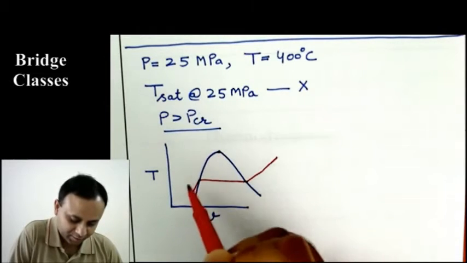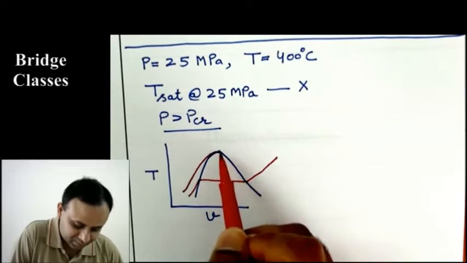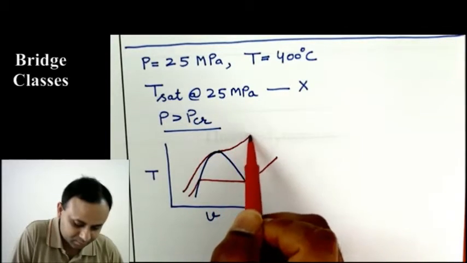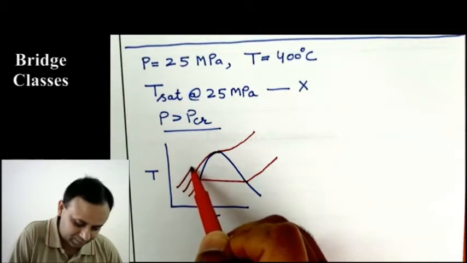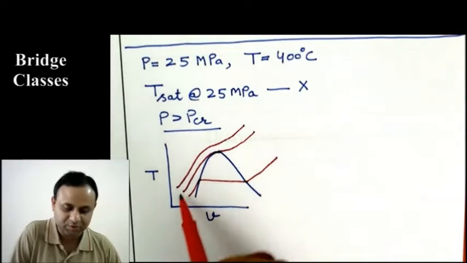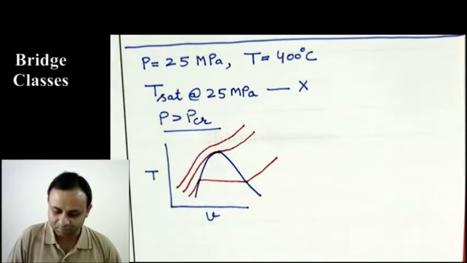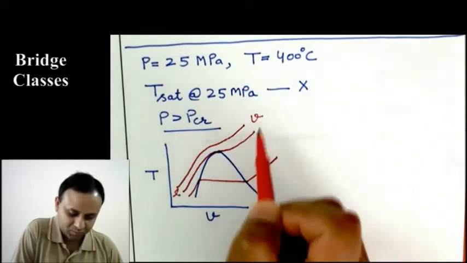This is the critical point, and if pressure equals critical pressure, then the curve will be like this. There will be an inflection point here, and if pressure is above critical pressure, it will go like this, above this. So you see, there is no distinct phase change process for this. But you can say that here it is liquid and here it is superheated vapor.